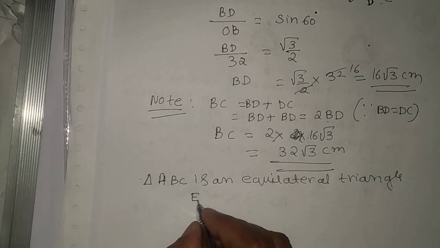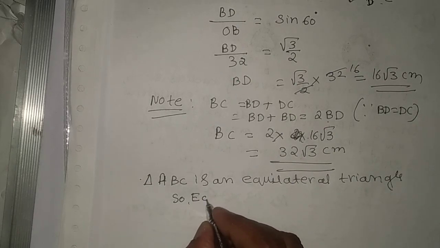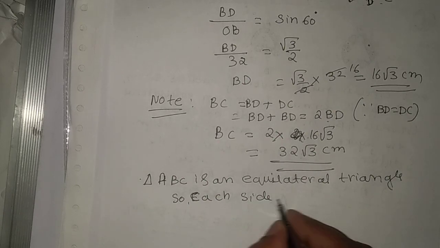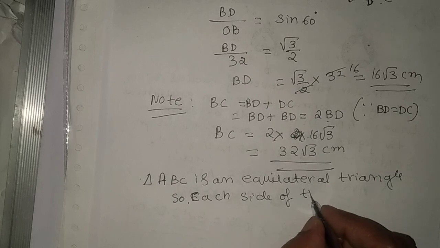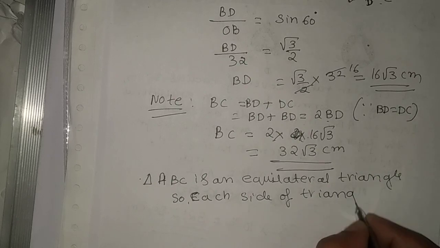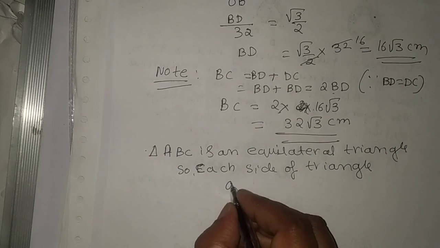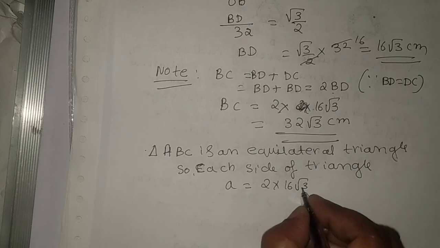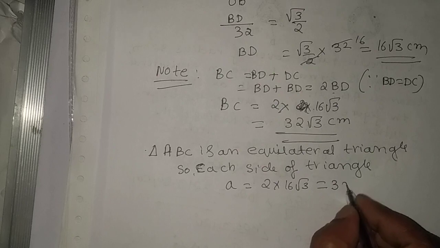So each side of the triangle, A, is equal to 2 into 16 root 3, which is equal to 32 root 3.